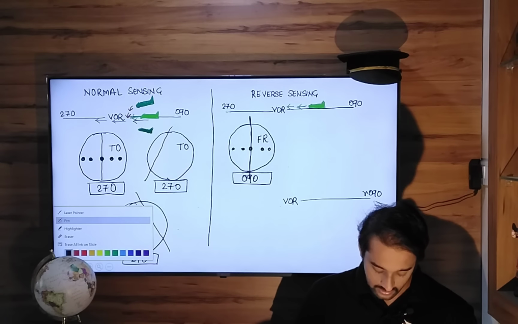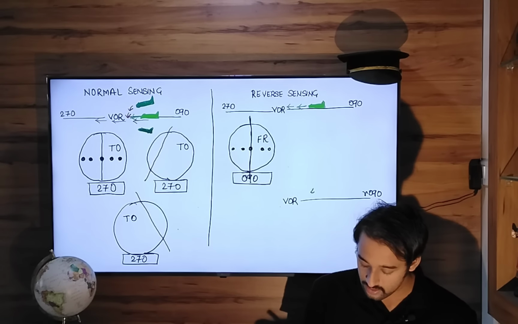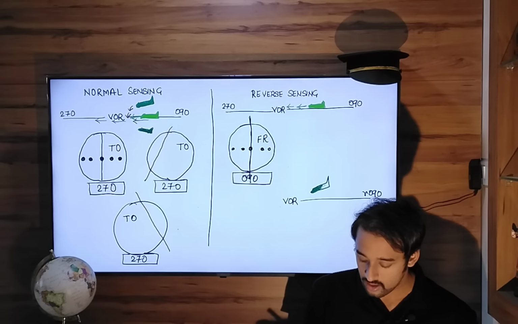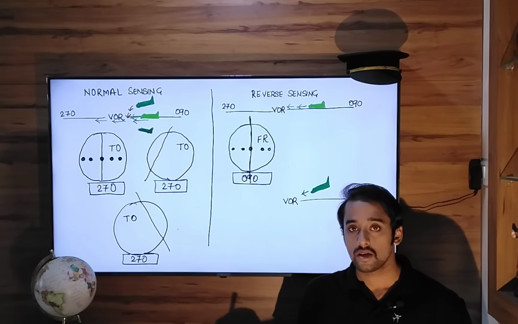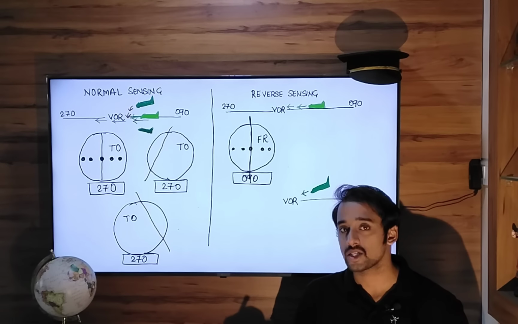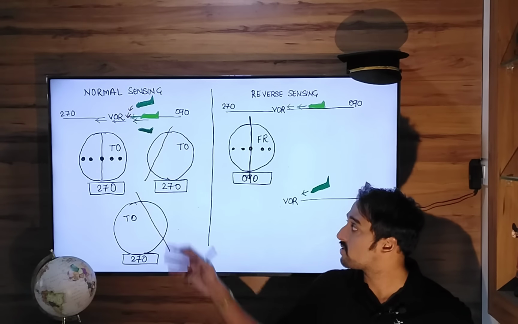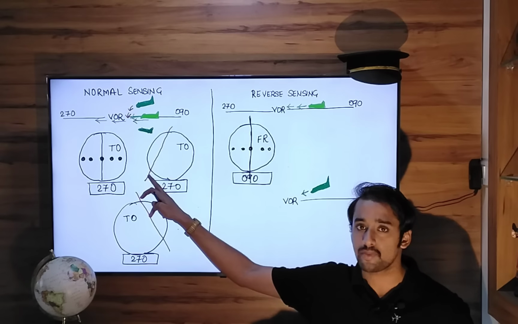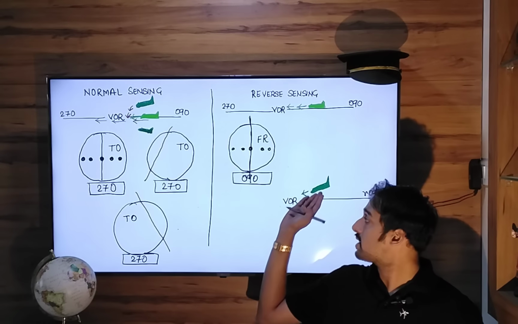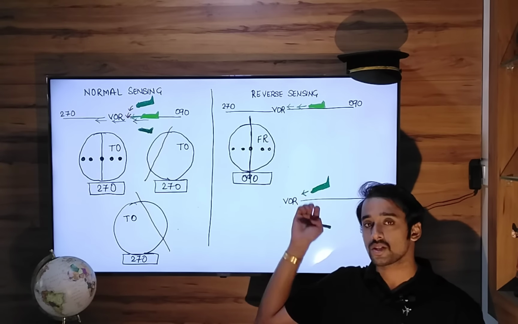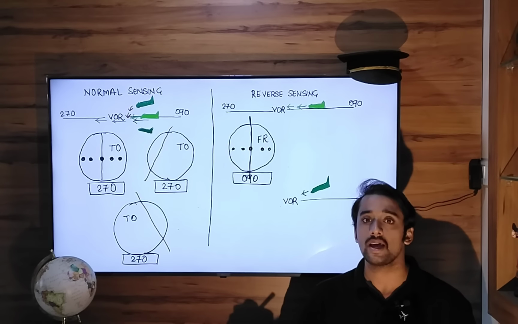Now when your aircraft drifts to the right hand side, flying radial 090 towards the VOR, what should your CDI indication show? The CDI indication will show left hand side. It is expected to show that. If you deviate to the right side, the CDI should move left, telling you to fly left.